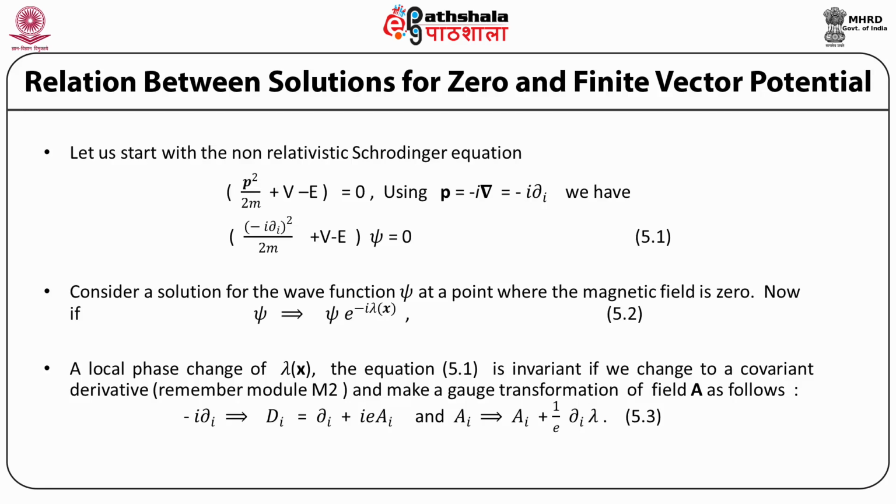So we have to make two changes. One, the normal derivative goes to the covariant derivative. Other, the vector potential A_i goes to a modified vector potential.